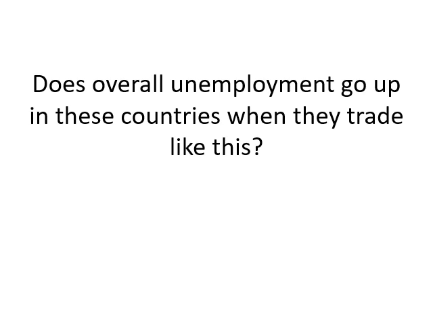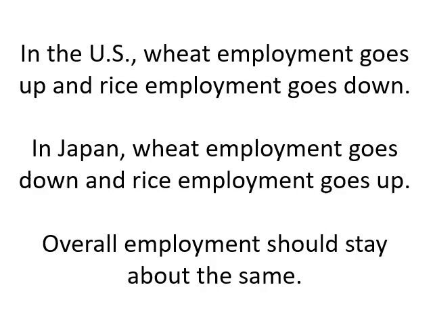And thus what would happen in the U.S. is there'd be less unemployment in the wheat industry, more unemployment in the rice industry, and overall unemployment would stay about the same. And in Japan, there would be more unemployment in the wheat industry, less in the rice industry, and overall unemployment would stay about the same. So this slide says what I just said.